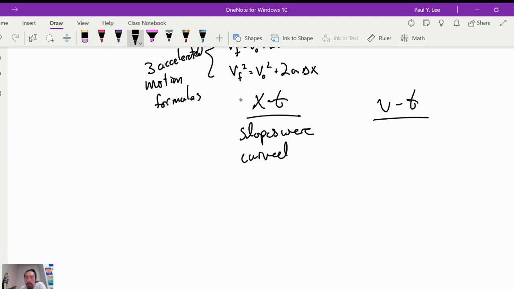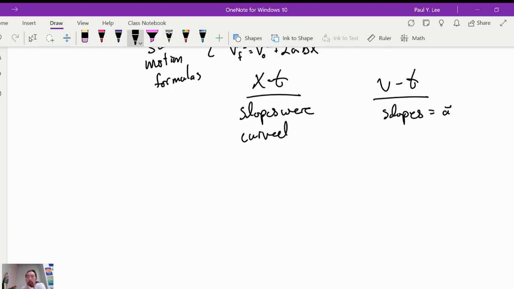For the velocity time graph, the big idea was that our slopes equal the acceleration. We'll see a lot more of those, but it's important to know that everything we did in the past is still present, and we are still practicing everything from units 1, 2, 3, and now we're just combining them all into one giant unit.